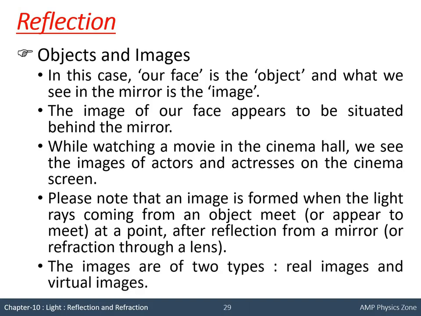There are two types of images, real image and virtual image. In the same way there are two types of objects, real and virtual, but we will limit ourselves to real objects only in our discussion.